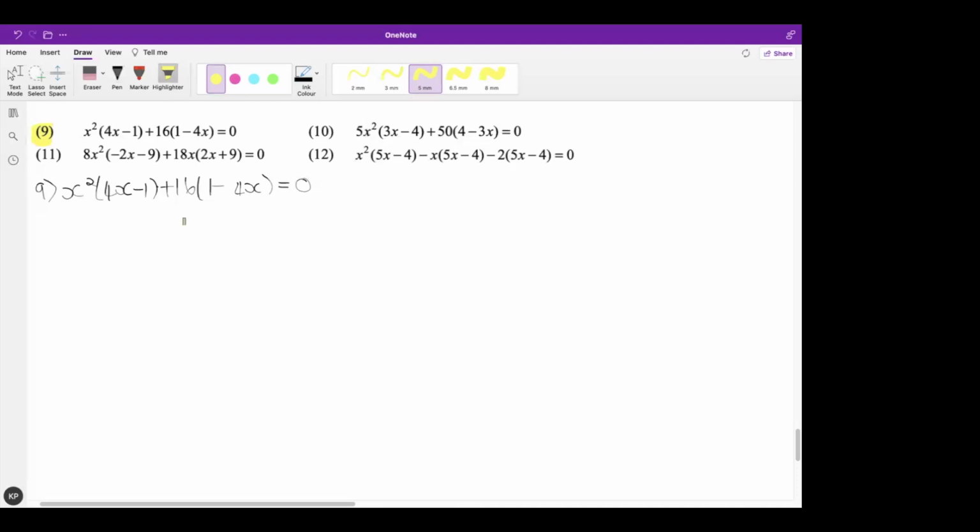Okay, it's not just the placing. The one is negative here and positive there. And then the 4x is positive here, but negative there. So how are we going to make these two brackets look alike?